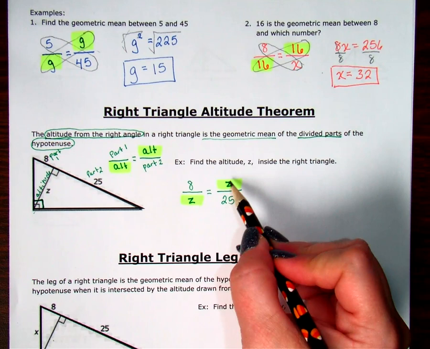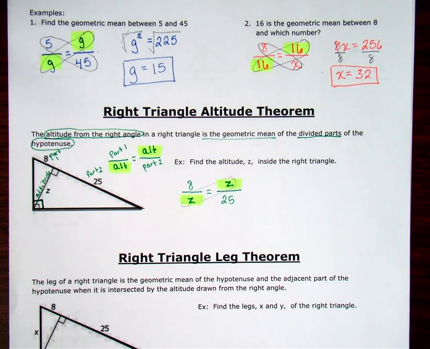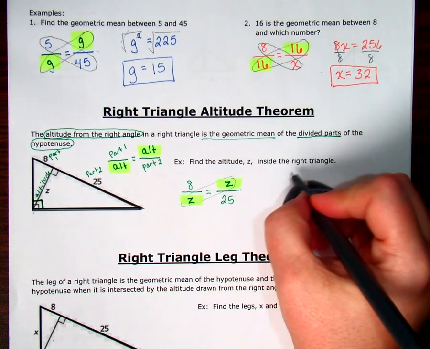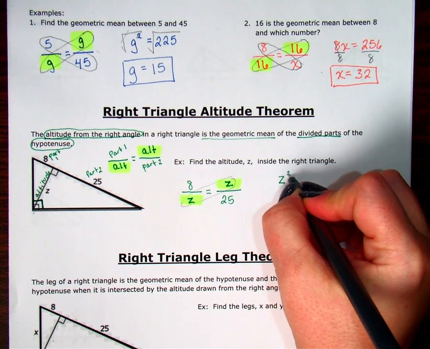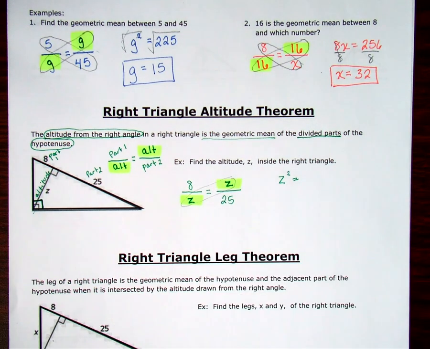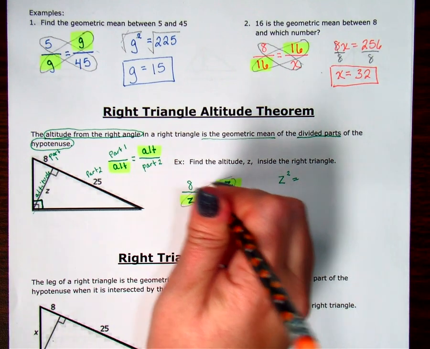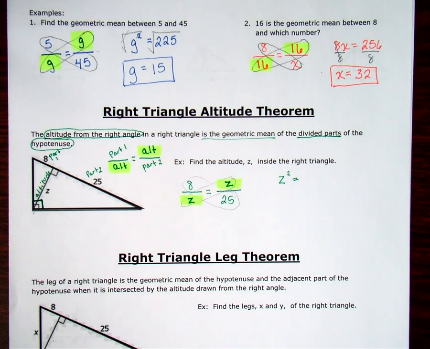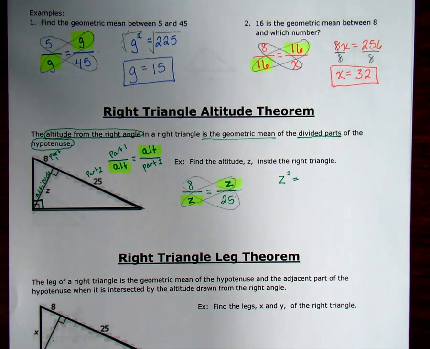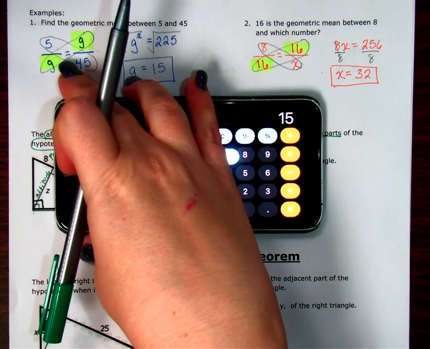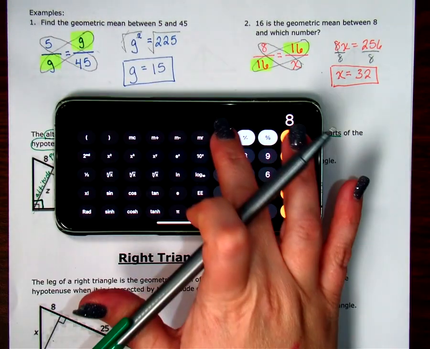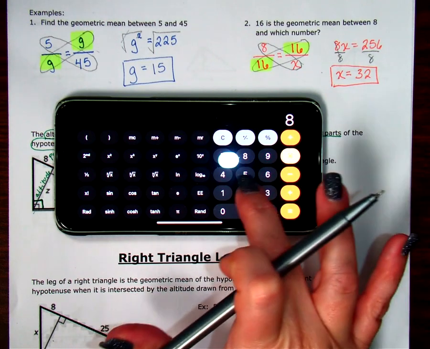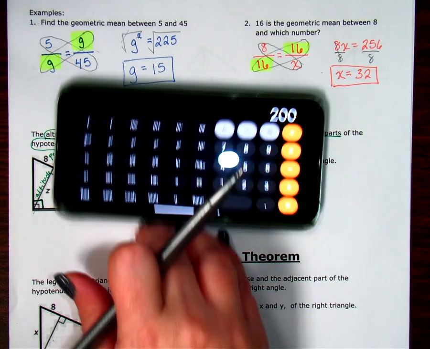Now I can solve this. I can just cross multiply. So z times z, which is z squared, is going to equal 8 times 25. Let me grab my calculator. 8 times 25 is 200.